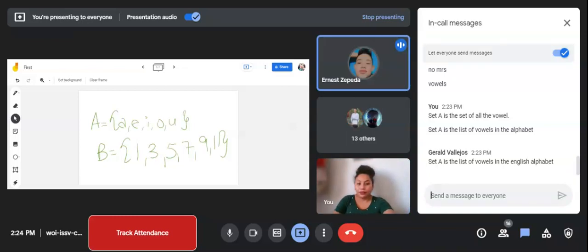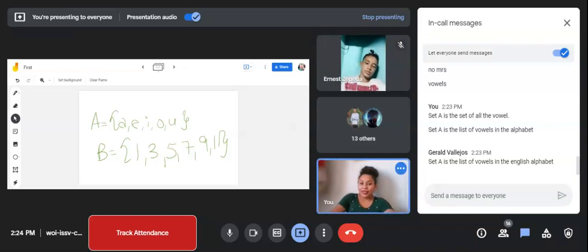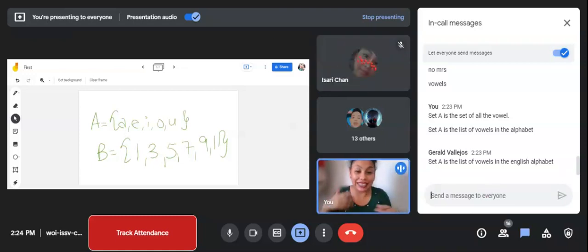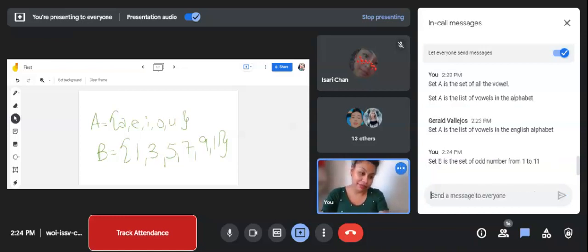The set of odd numbers starting from 1 and ending where? At 11. Okay, so set B is the set of odd numbers from 1 to 11.